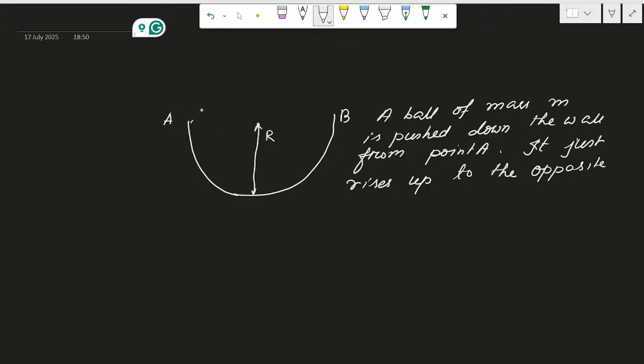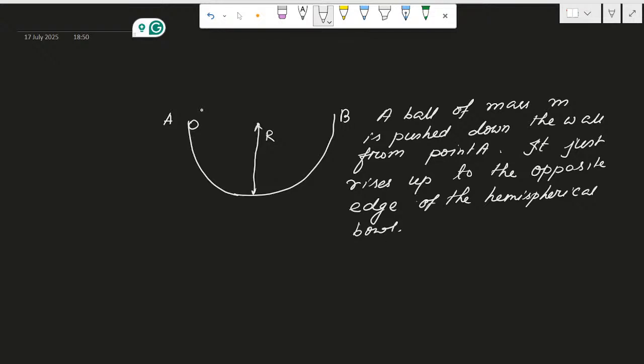So that means if it goes down from A, it will rise up to B, the opposite edge of the hemispherical bowl.